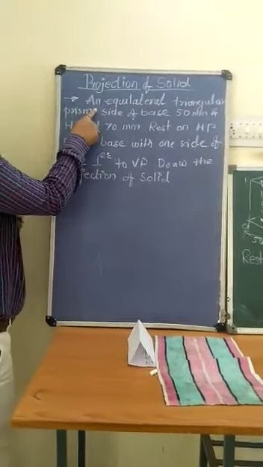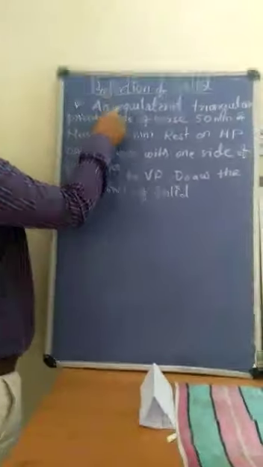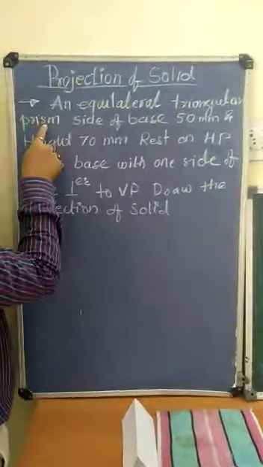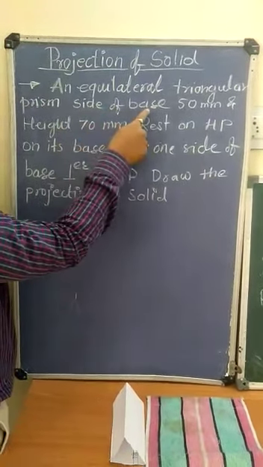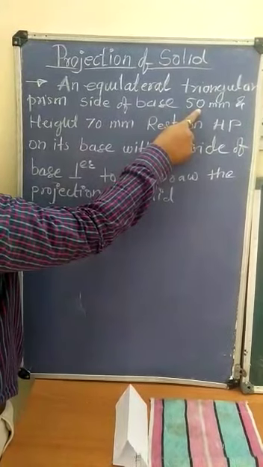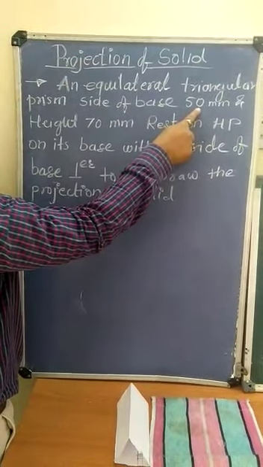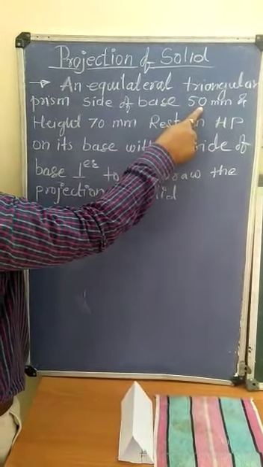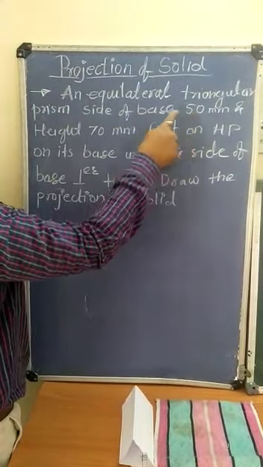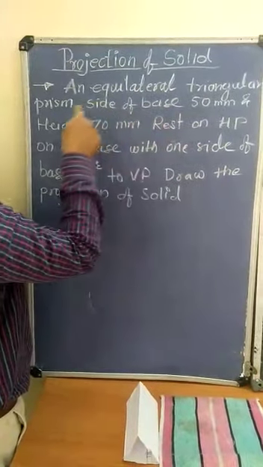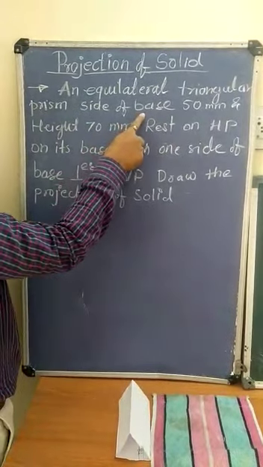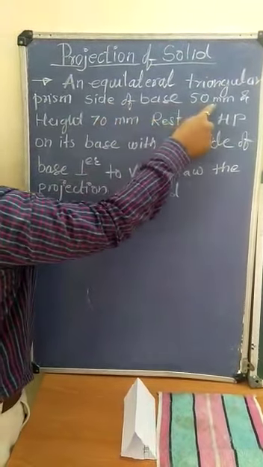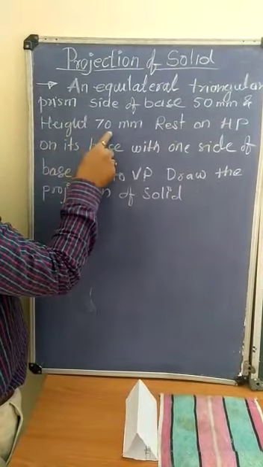So in the problem statement, what is given? An equilateral triangular prism, side of base 50 mm. The dimensions are also included in this problem: side of base 50 mm and height 70 mm.